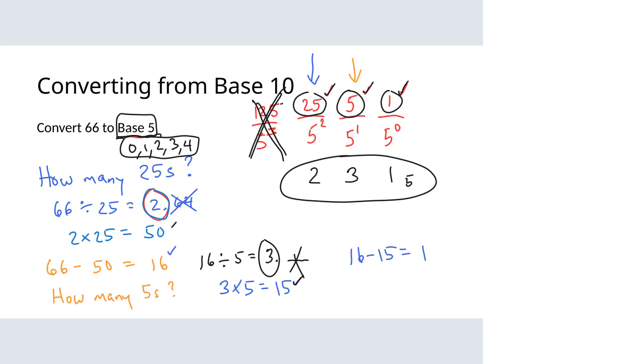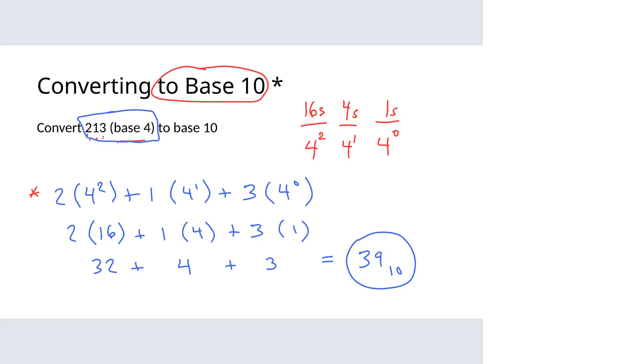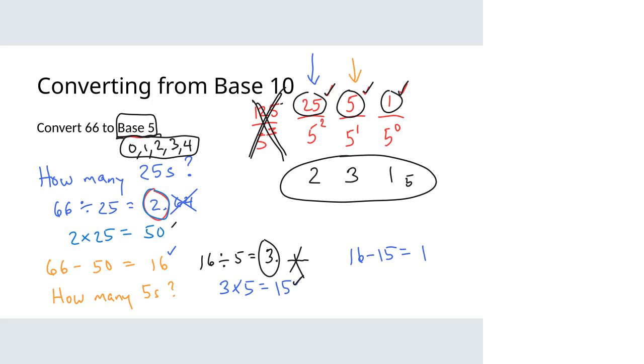Sometimes when I talk about going back and forth between bases, what you might hear me say is when we're going to base 10, we multiply and add. And when we're going from base 10, we divide and subtract. And so if you hear those, that's exactly what I'm talking about, the processes we use.